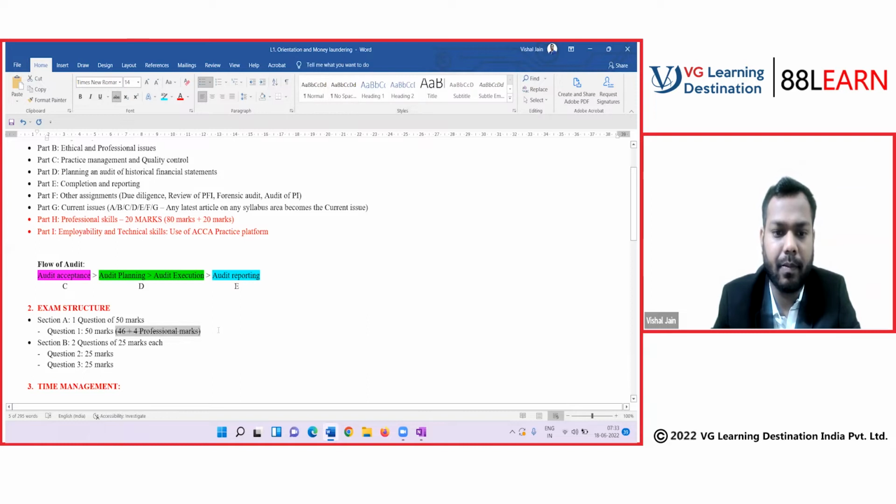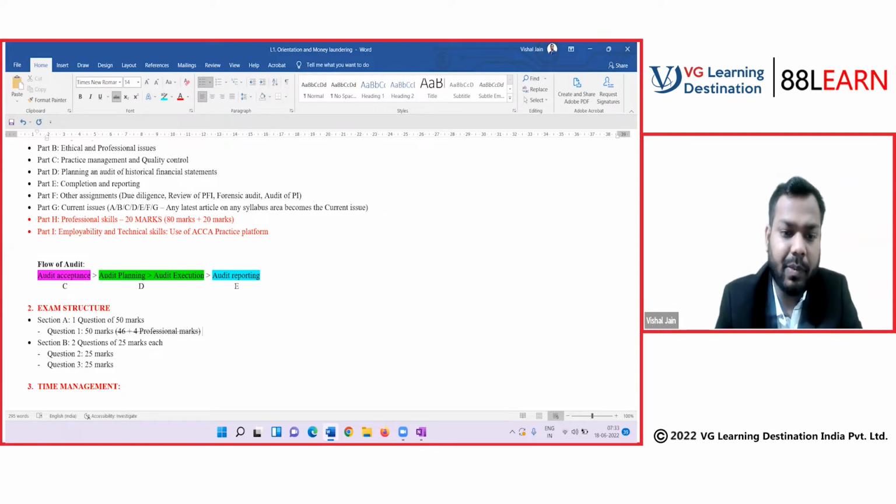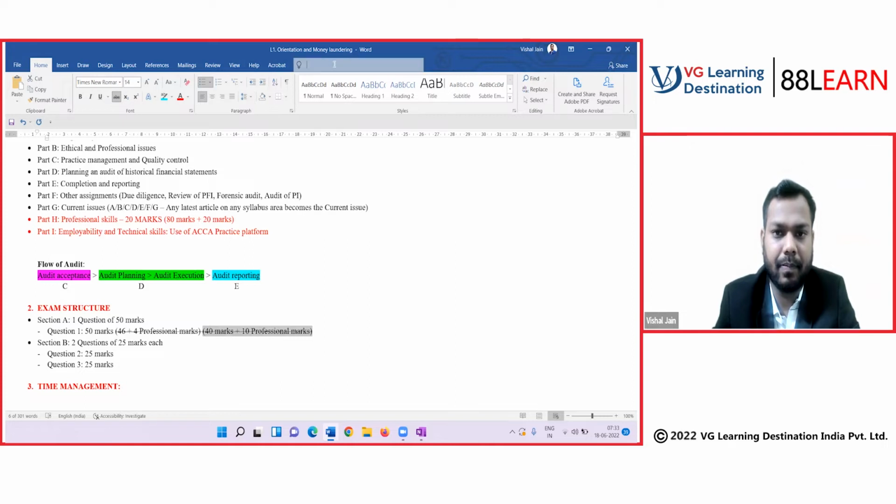Now, the revised pattern is 40 marks plus 10 professional marks. Okay, now how will it change here?